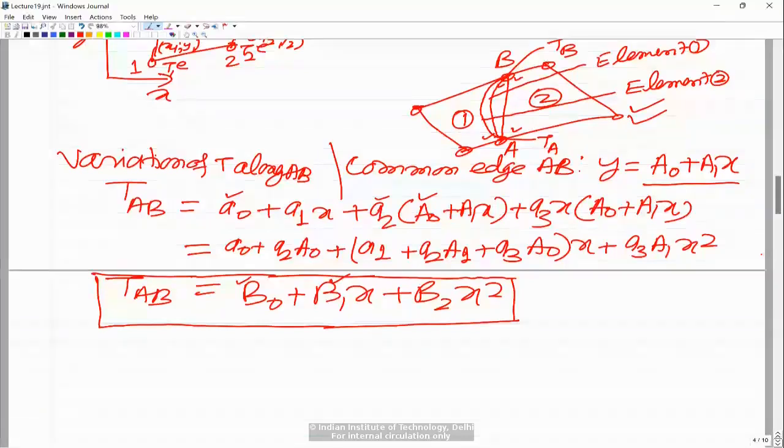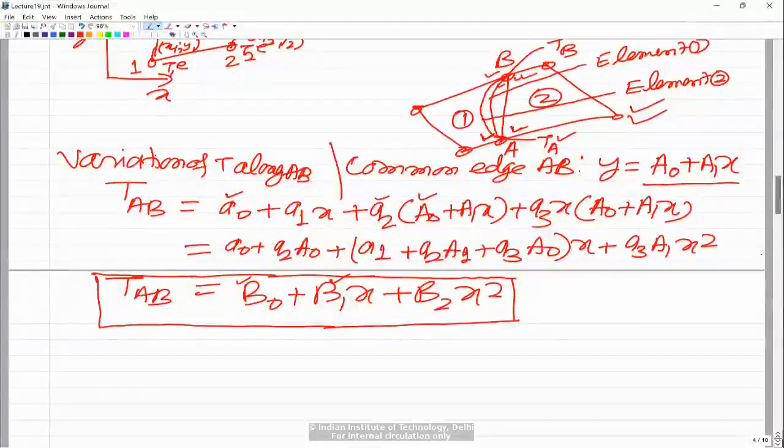So what I said is that now when you look at these two nodes A and B, at these two nodes we have the temperatures Ta and Tb, and this Ta is common to element 1 as well as element 2. Similarly Tb at node B is common to elements 1 and 2. So these are the two temperature values which are same in element 1 and element 2.